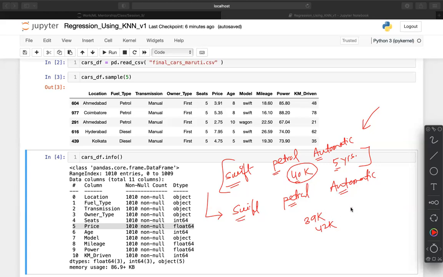And let's say we don't have any car that is 5 years old, but 4 years old or 6 years old. So we look for those instances in the training set which look very similar to this, and then we take help of those examples and the prices at which they were actually sold, and from that we'll estimate the price of this particular car.